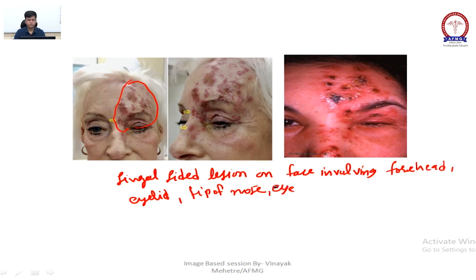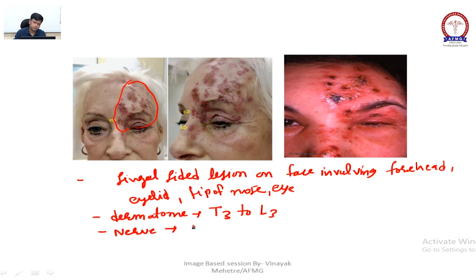Of course, eye. So this is called as Hutchinson sign. And dermatome involved in this, T3 to L3, and nerve will be your TON, which I gave you the mnemonic just before. TON, trigeminal ophthalmic and nasociliary branch.